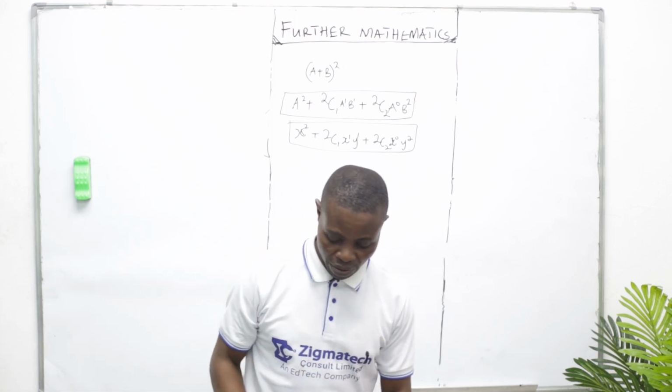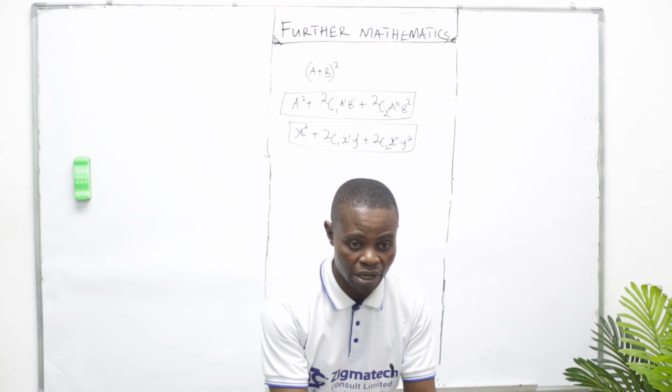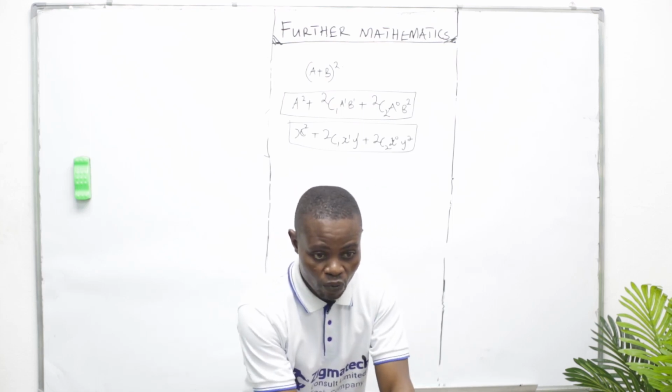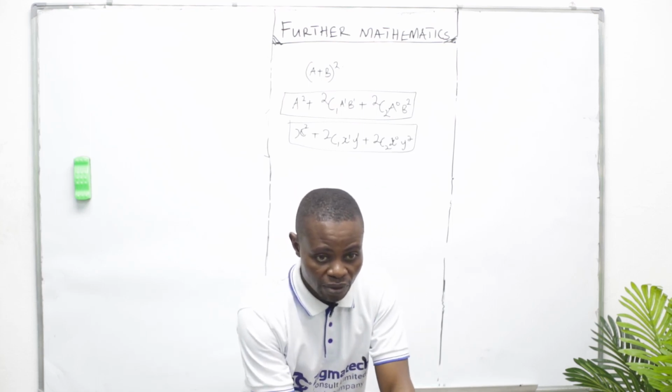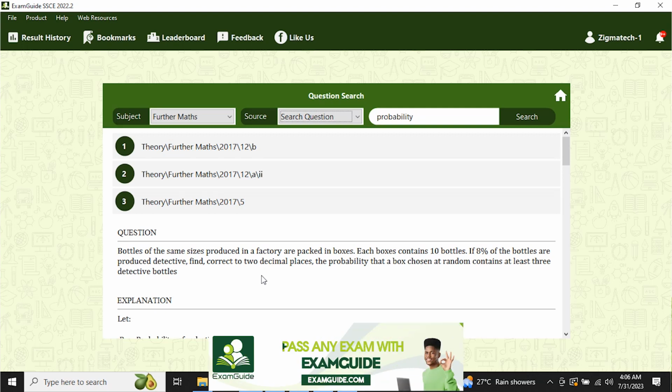Now let us take questions from Examguide, using past WAEC questions and answers. Okay, let's use 2017. Bottles of the same size produced in a factory are packed in boxes.